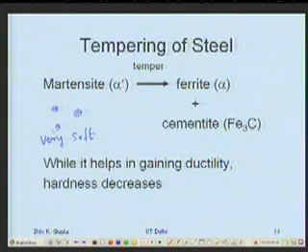But the intention of tempering is not to make it soft, but to gain some ductility. And as I said, hardness decrease is a bargain. I have to compromise on that. So this process, since it is going on at a lower temperature, it's possible for you to control the time and therefore the extent of the process.